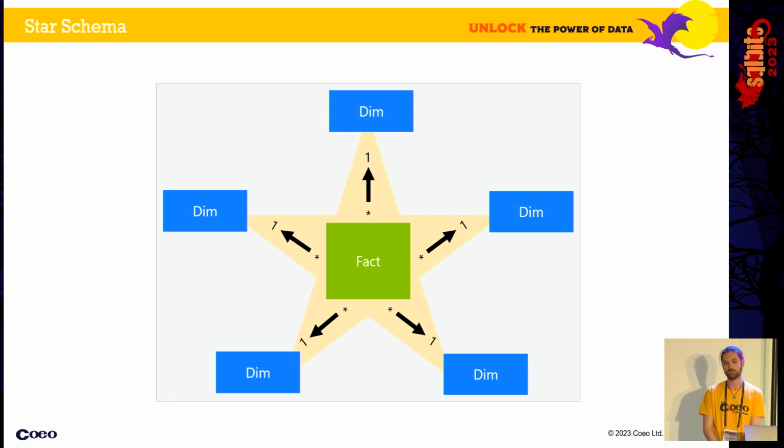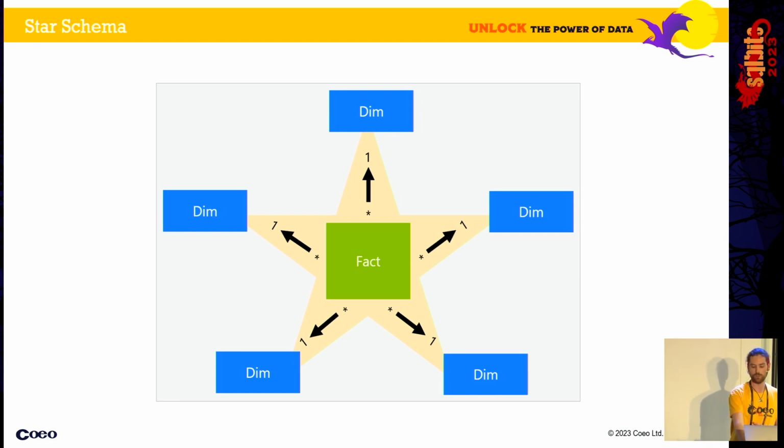Obviously you've got facts surrounded by dimensions, so it's very easy for both technical and business users to understand what's happening in the model. But alongside that, with Power BI, it's also an optimized format. So if your model is following this, then it's going to be performing better than if you're just using one massive table. This is where we'd start off.